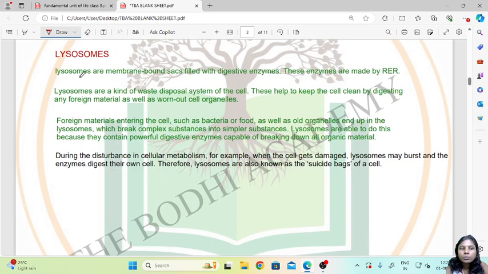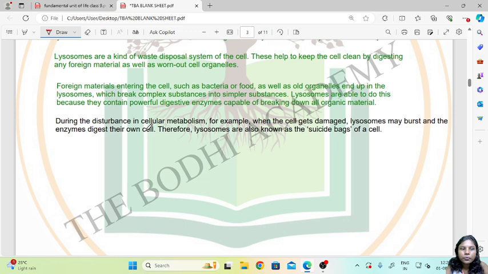Now, what are lysosomes? Lysosomes are membrane bound sacs that are filled with digestive enzymes. These enzymes are made by the rough endoplasmic reticulum. These lysosomes are a kind of waste disposal system of the cell. They help in keeping the cell clean by digesting any foreign material as well as worn out cell organelles.